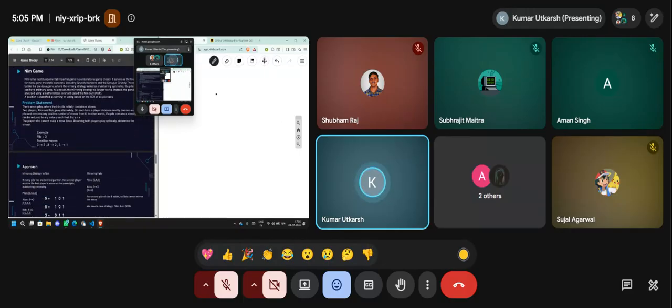Okay, what a NIM game says is that there are n piles, right? And all of them contain values like Ai. All n piles have values from 1 to n, right? From each pile, meaning from any one of these piles, one can pick a value, and the values can be the same or different, doesn't matter.